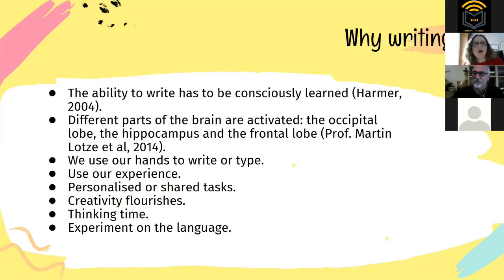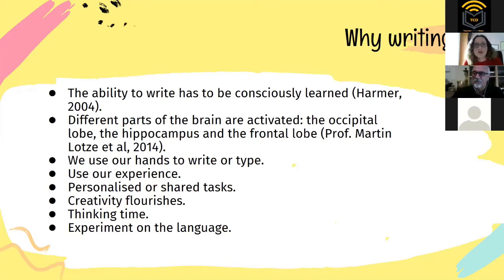The second is the hippocampus, which plays a major role in learning and memory. And of course, the frontal lobe, which controls our cognitive skills, like problem-solving, critical thinking, and of course, our language. Apart from our brain, we also use our hands and fingers to write or type something.